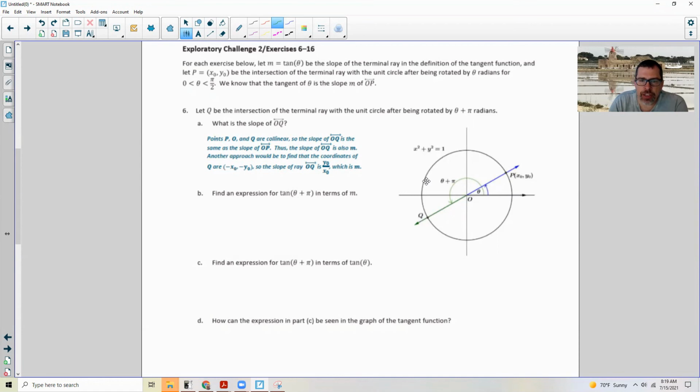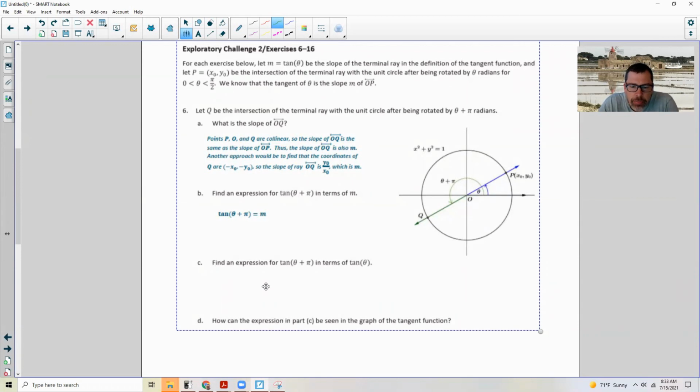B says find an expression for tangent of theta plus pi in terms of m. Okay, so tangent of theta plus pi would put us over at Q. So it equals m as well because it's collinear, like we said in part A. So an expression for tangent of theta plus pi in terms of m is tangent of theta plus pi equals m. All right, part C says to find an expression for tan theta plus pi in terms of tan theta.